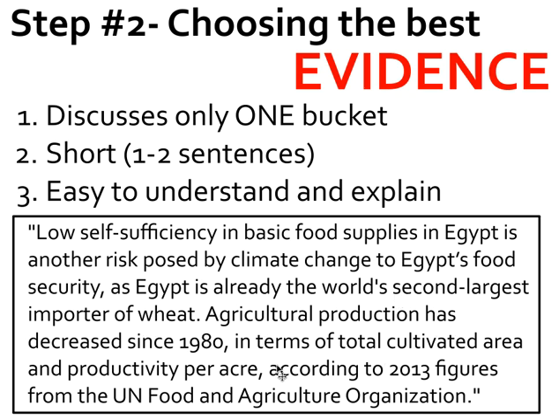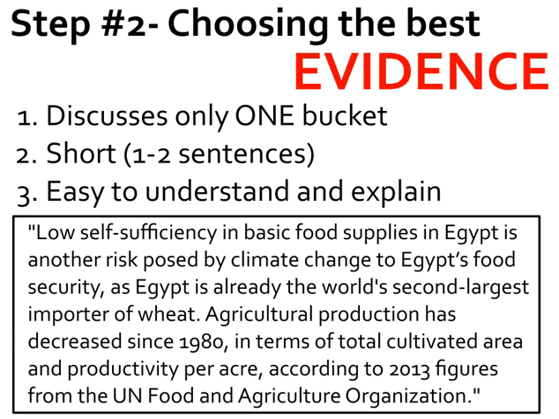Agricultural production has decreased since 1980 in terms of total cultivated area and productivity per acre, according to the 2013 figures from the UN Food and Agriculture Organization." Wah, wah, wah. I have no idea what this quote is about. It's too long, and it's really hard to understand and to explain.